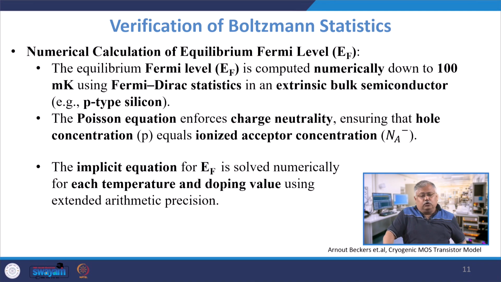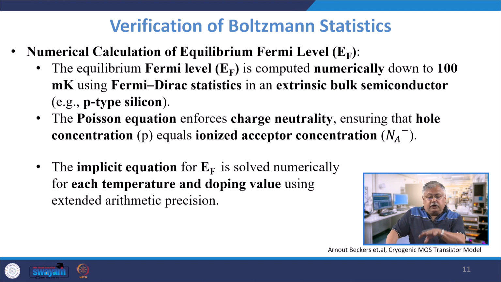Equilibrium Fermi level primarily means that if I assume that the net charge movement from left to right and right to left are exactly the same, I say that the equilibrium Fermi level has been maintained. It is almost a straight line which is maintained. Now, computationally, those who work in cryogenics have seen the equilibrium Fermi level numerically calculated down to approximately 100 millikelvin.